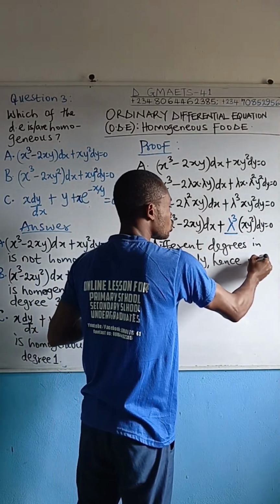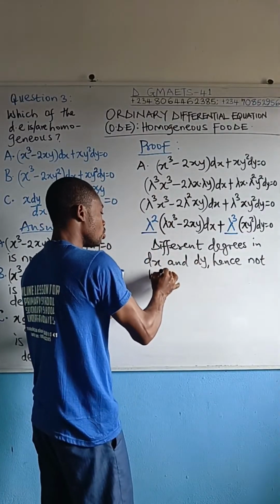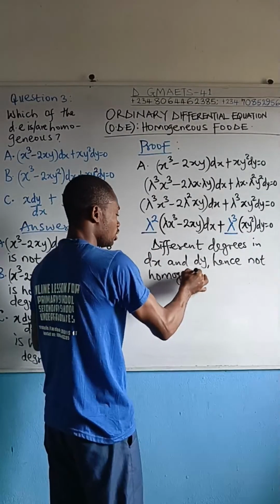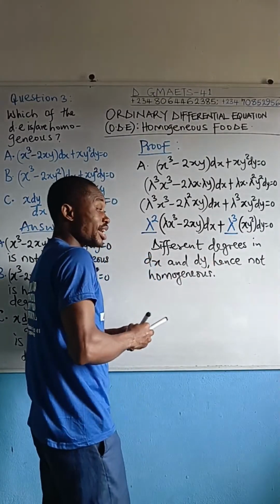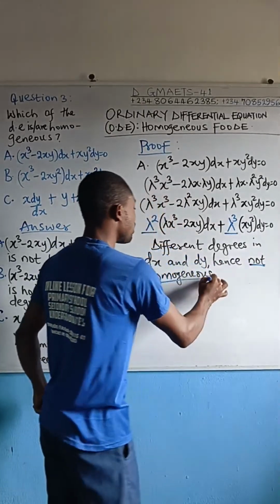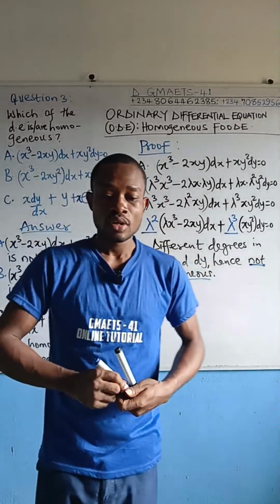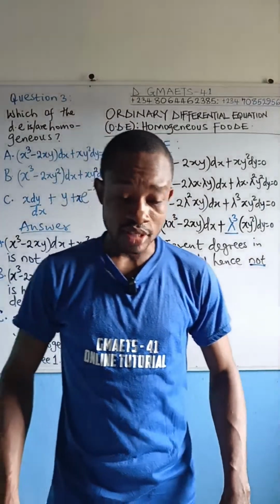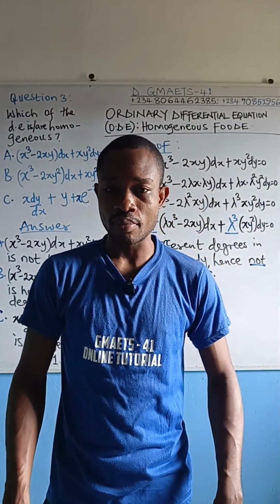Hence, not homogeneous. So that is it. Remember, for it to be homogeneous, the degrees in dx and dy must be the same, must be equal.